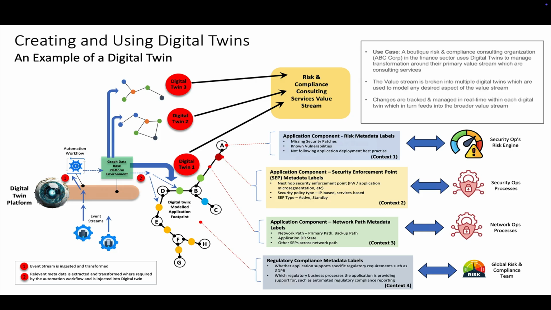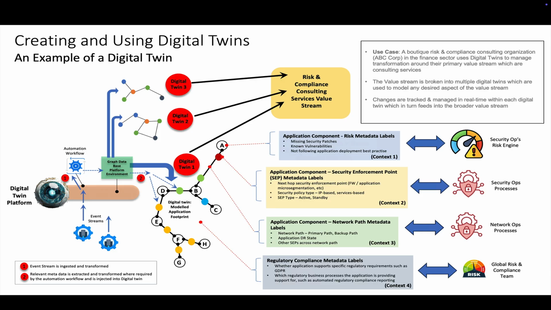Context 4 is very different from the others because it's not an infrastructure-related context. Instead, the context is all about tracking and managing regulatory compliance through multiple lenses. For example, the first lens refers to whether the application supports specific regulatory requirements, a common example being GDPR compliance.